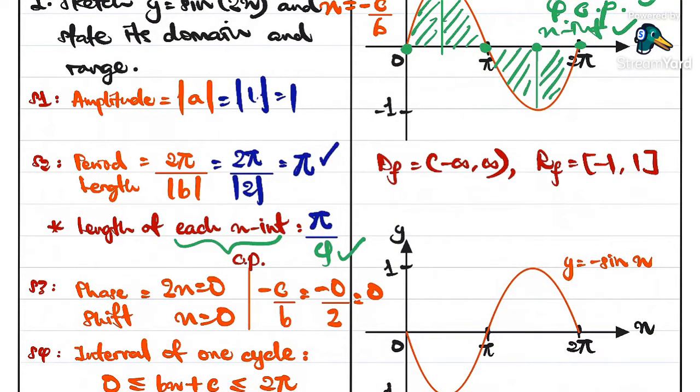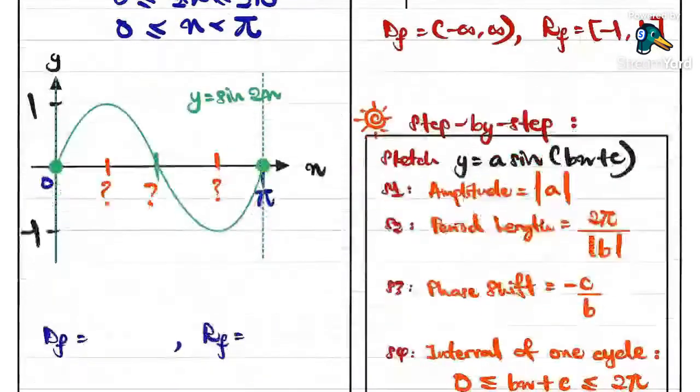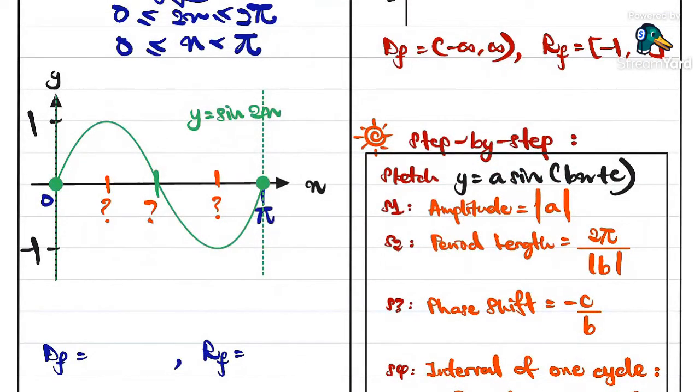So the critical point says that the length is pi over 4 from the first cycle until the end of it. So for 0 plus pi over 4 gonna give you what?